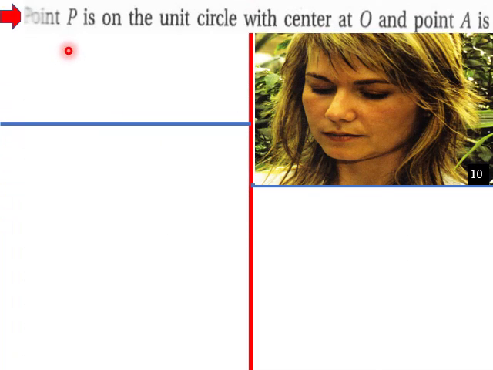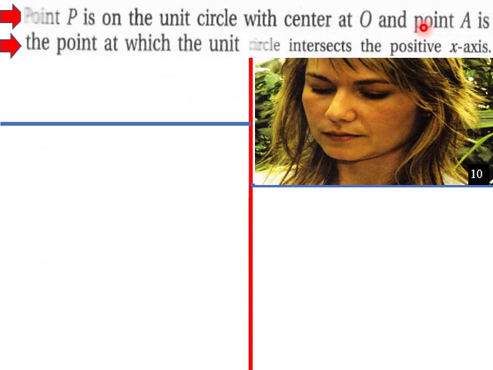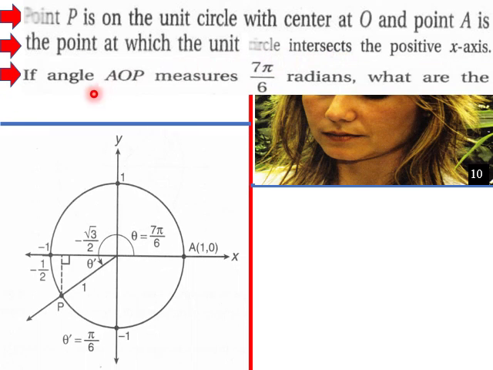Okay, we go into another problem here. Point P is on a unit circle with center at 0, and point A is the point at which the unit circle intersects the positive axes. If angle AOP, so wait a minute, where are we at here? And point A, where's point A at?